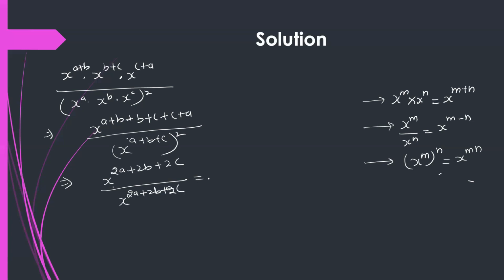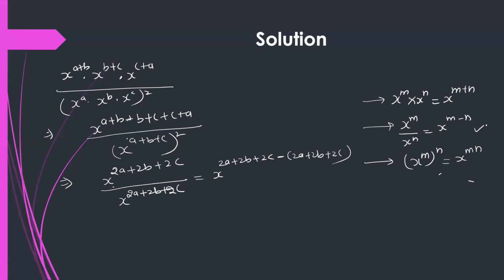Now, the base in the numerator and denominator is same, so what we can do is x to the power (2a plus 2b plus 2c) minus (2a plus 2b plus 2c).